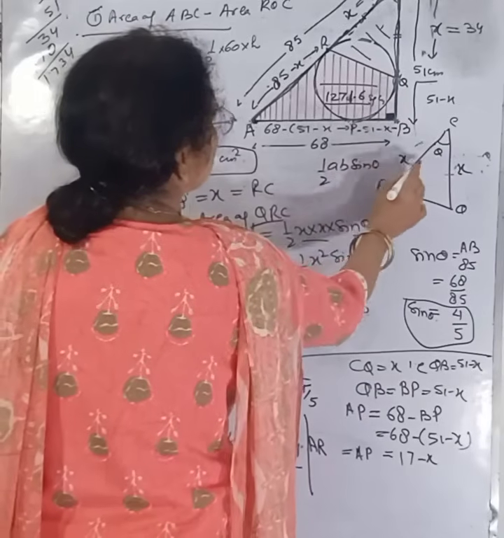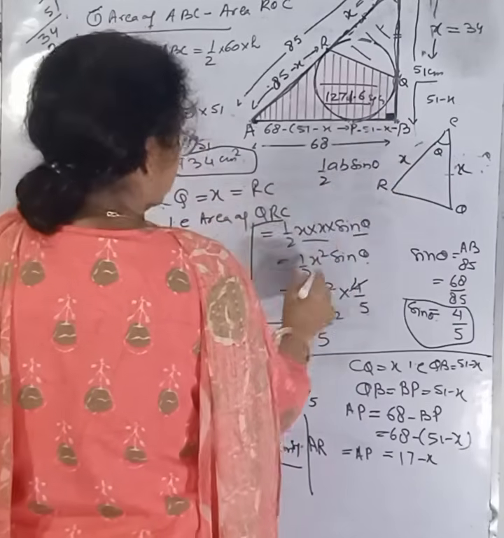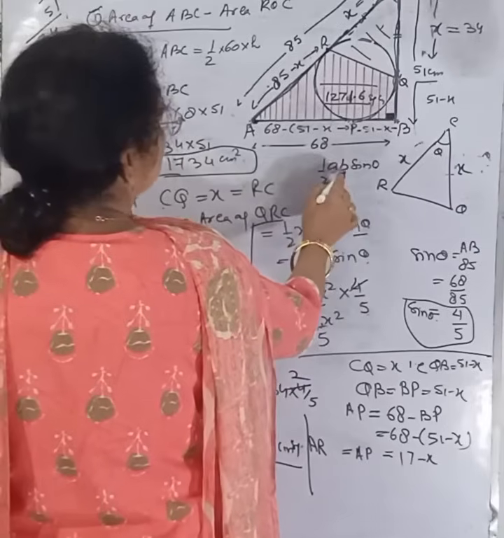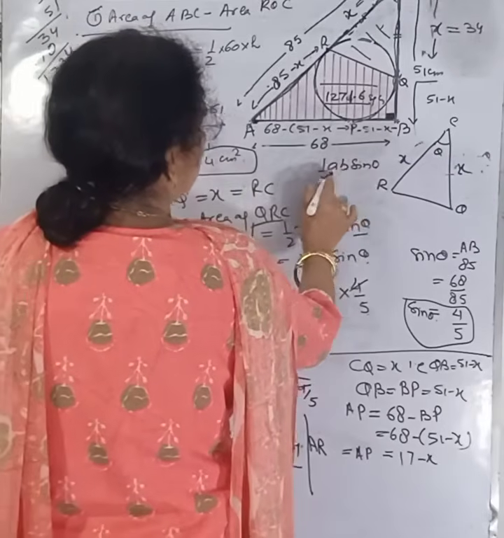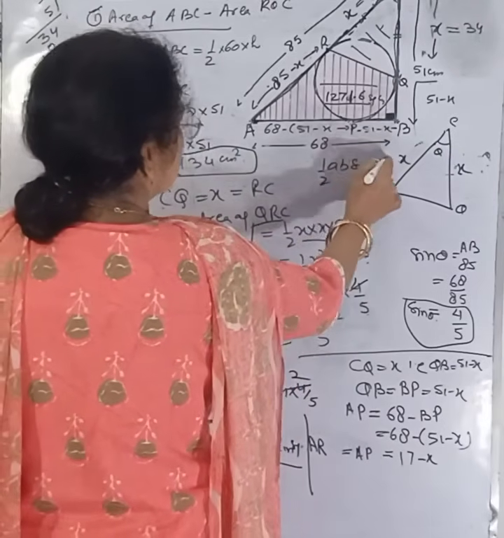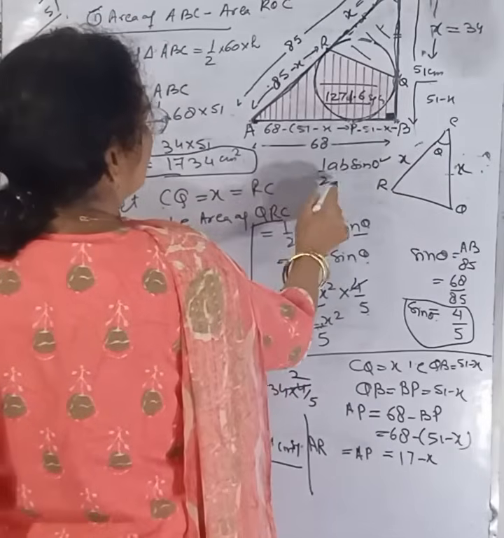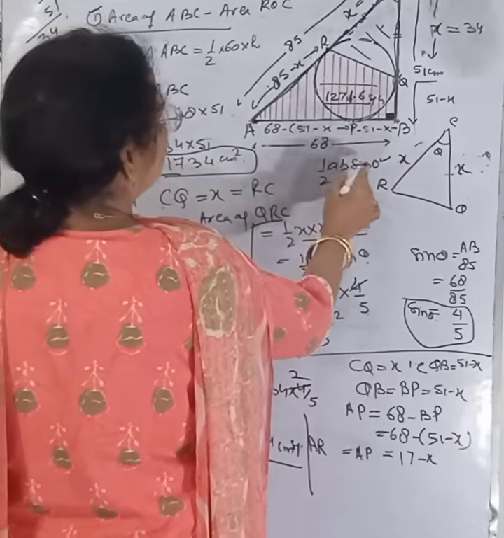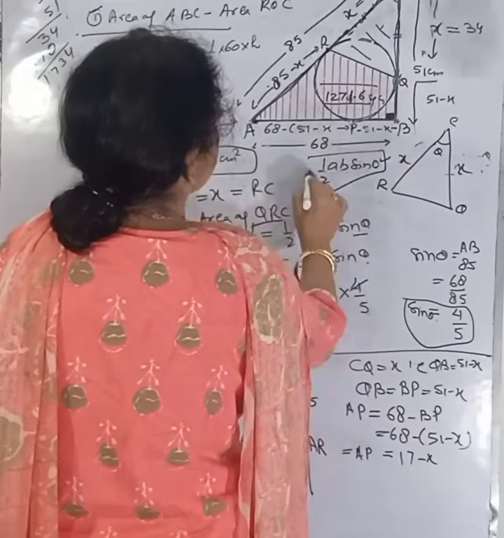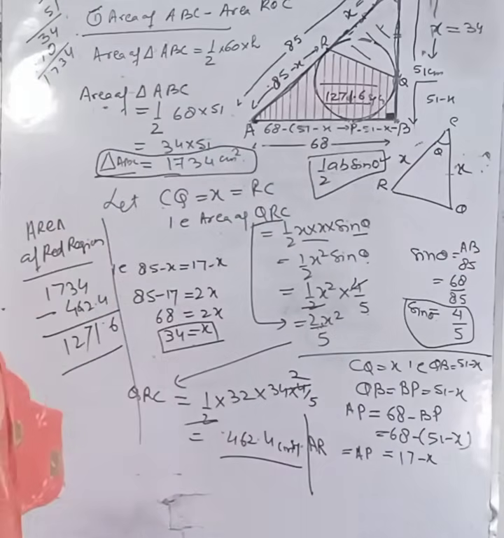Here both sides are equal to x, so we are putting x square. If AB are two sides and the angle between them is theta, then the area of the triangle will be 1 by 2 AB sine theta. This is only to be remembered.